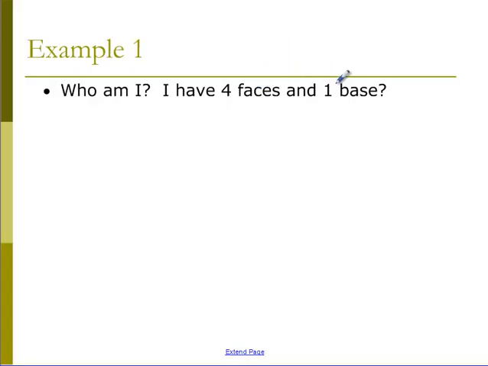What about 4 faces and 1 base? So 1 base tells me pyramid. Faces tells me the type of shape on the base. That's a square. 2 circular bases. 2 bases means it's a prism. One that's a circle is a cylinder.